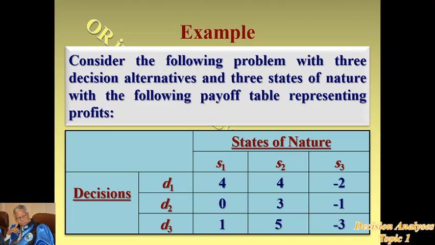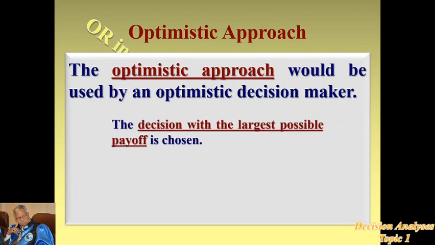He will select 4, the maximum, largest profit. With reference to decision alternative number 2, he will differentiate between 0, 3, minus 1, and he will select 3. For decision alternative number 3, he will differentiate between 1, 5, minus 3. He will select 5.